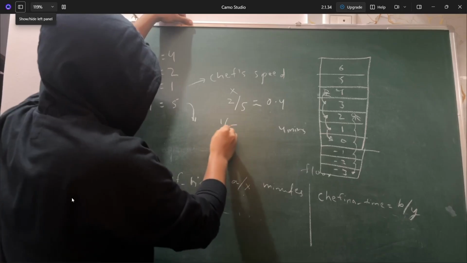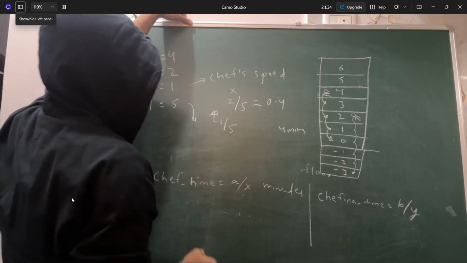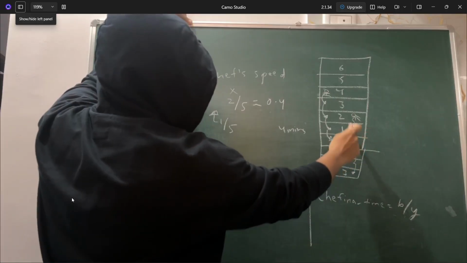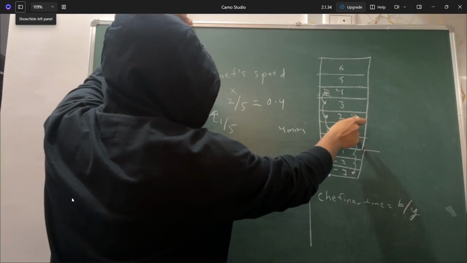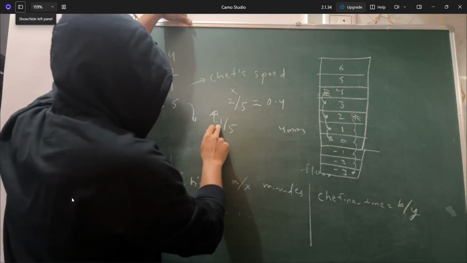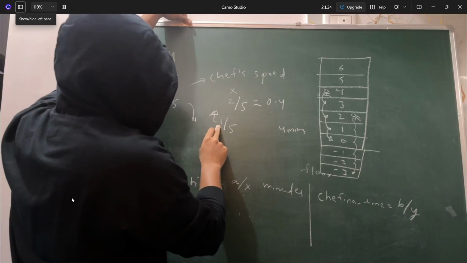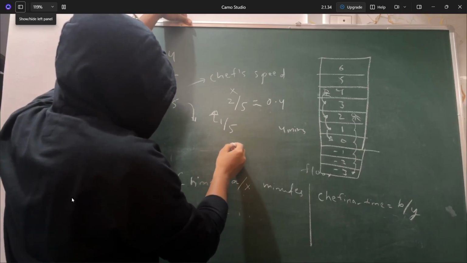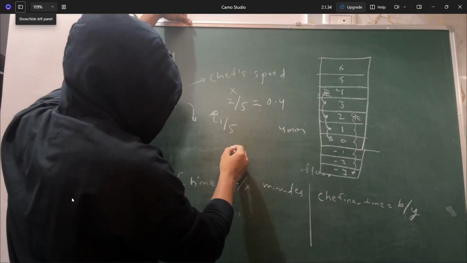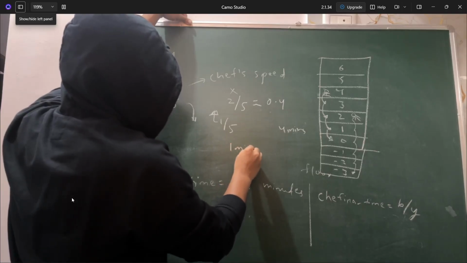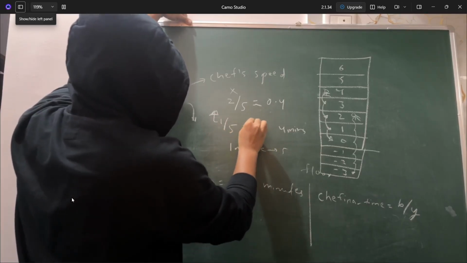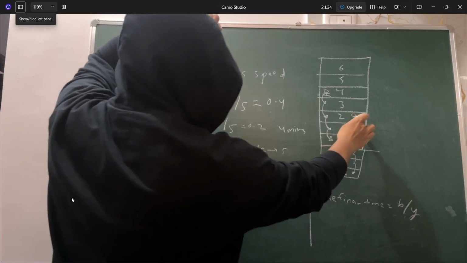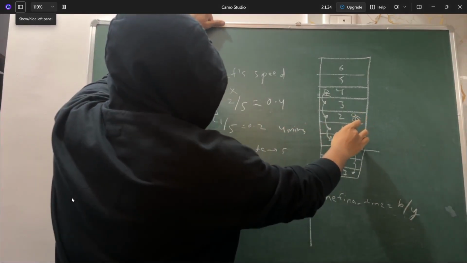Why 1 by 5? Because to travel one floor, from second floor to reach the next floor, how much time does she require? As we know, in 1 minute she will travel 5 floors. So 1 by 5 is 0.2, which means she takes only 0.2 minutes to travel one floor.